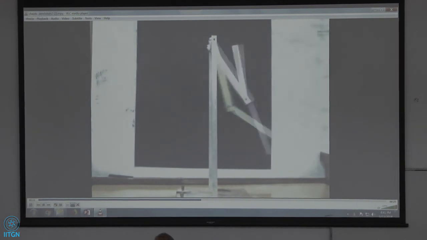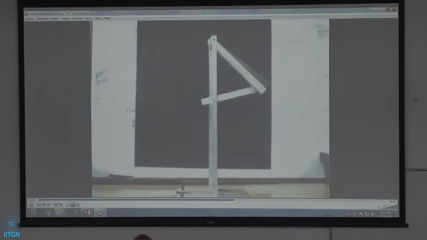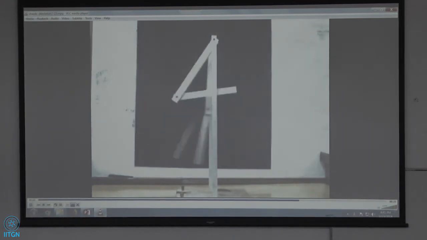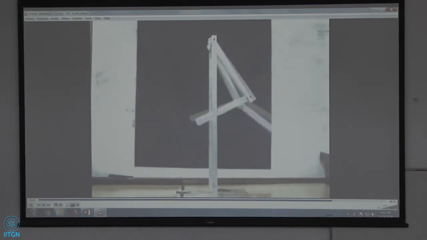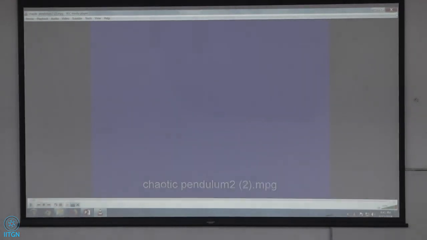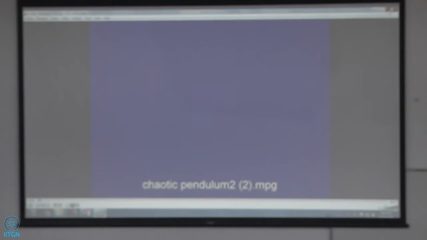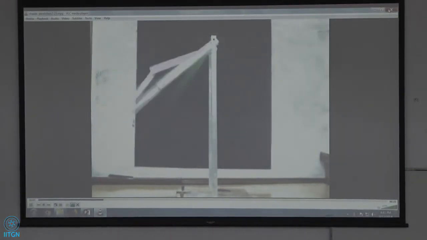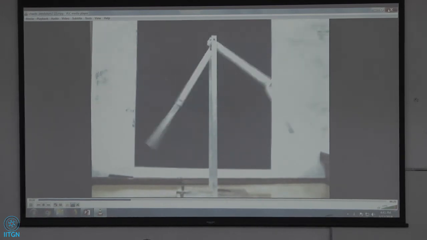Because we started with almost similar initial conditions, but very soon it became totally different. Because there is damping in the system, we can't see it for very long, maybe once more. Right, this is what has to be seen. Immediately they go away from each other.